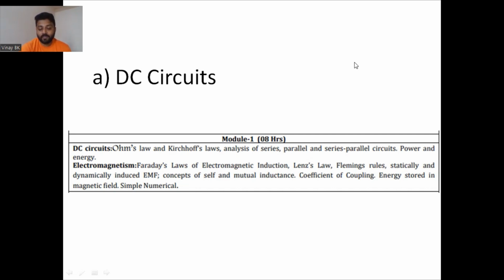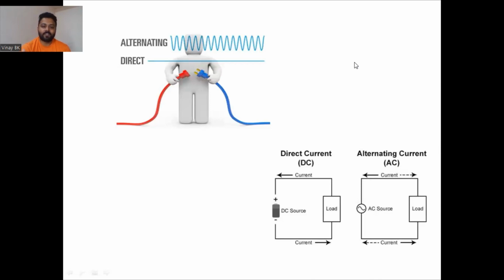Okay. So without wasting time, let's move on to the first concept, that is Ohm's law. Before that, DC circuits means you're applying a DC supply, direct current, a unidirectional device.